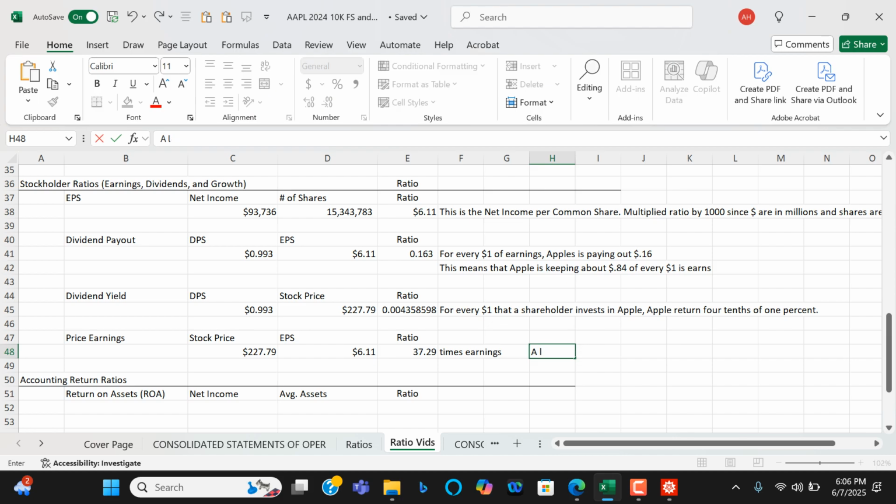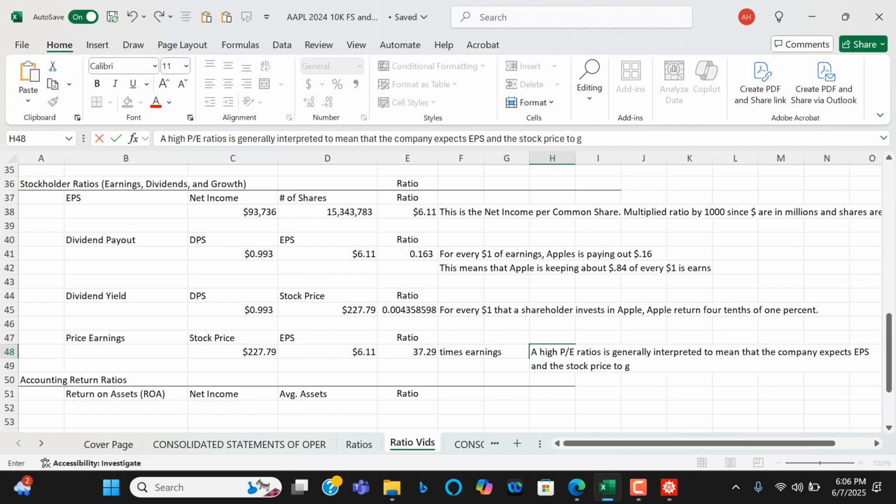Basically, a high P/E ratio is generally interpreted to mean that the company expects earnings per share, EPS, and the stock price to grow rapidly. In general, a high P/E ratio is better.